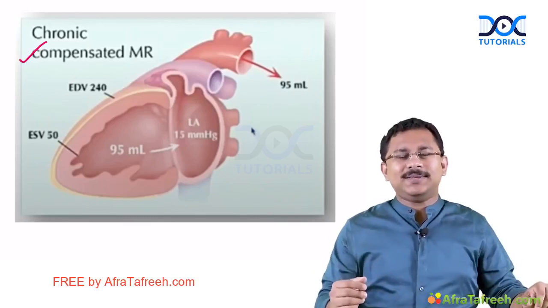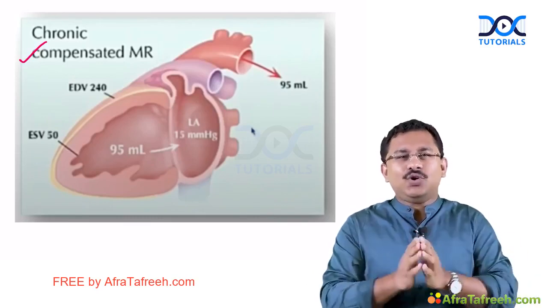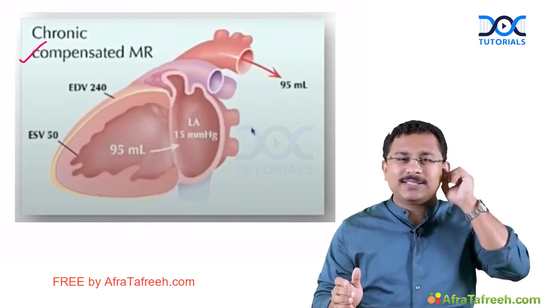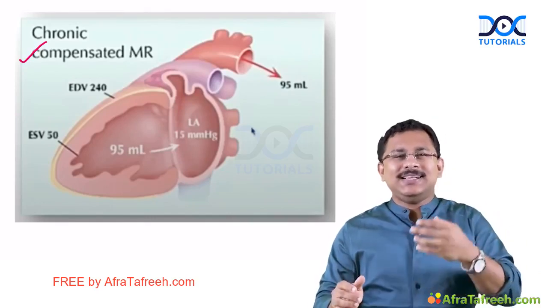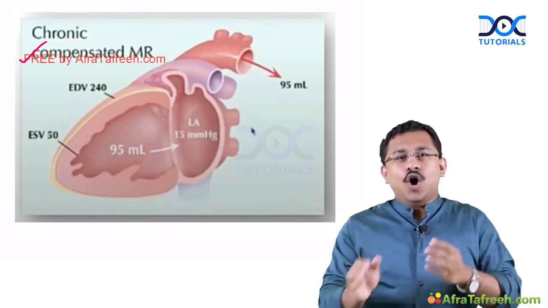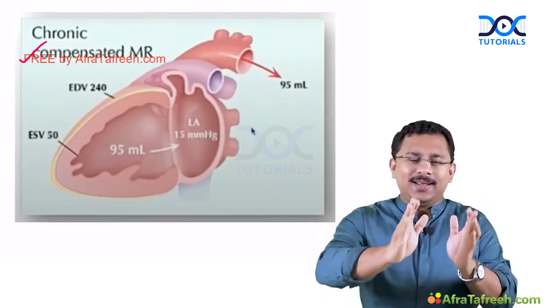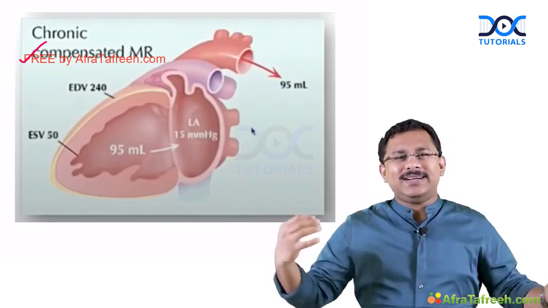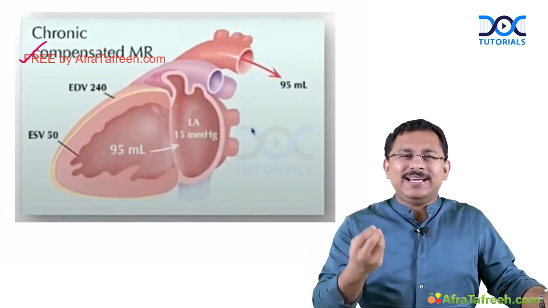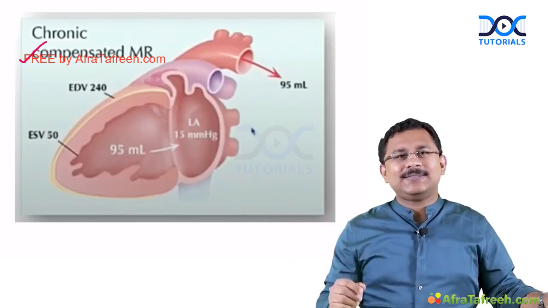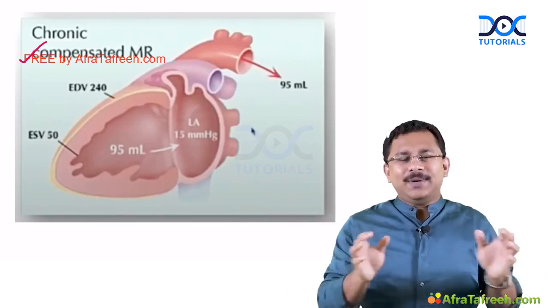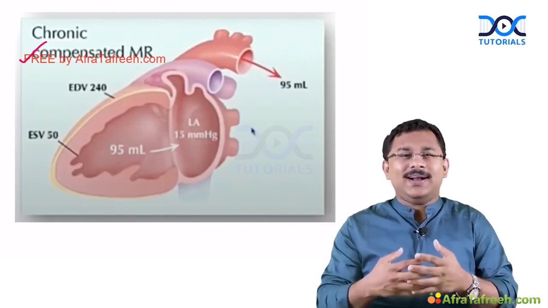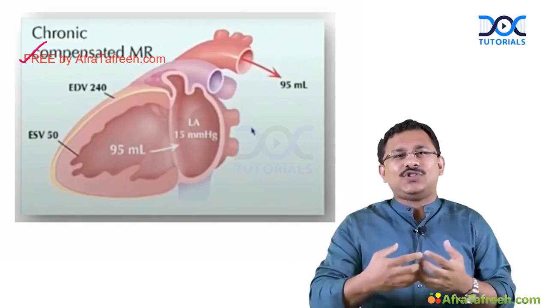But suppose you are able to tide over the acute phase, managing the patient symptomatically, or you assume another case where it is an insidiously developing mitral regurgitation as a part of a degenerative valve disease, or even a rheumatic heart disease where it is developing slowly.